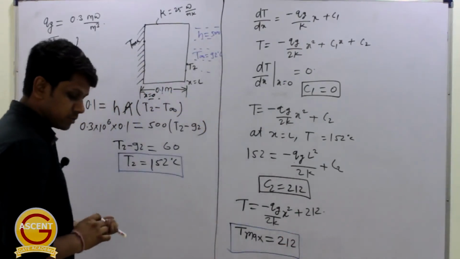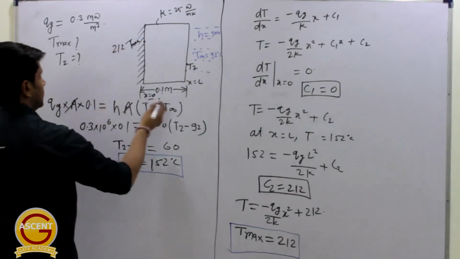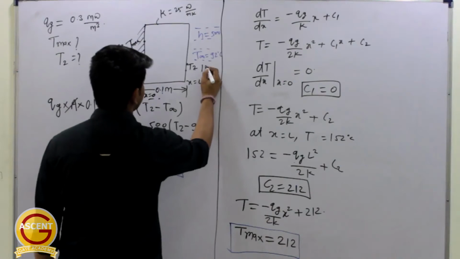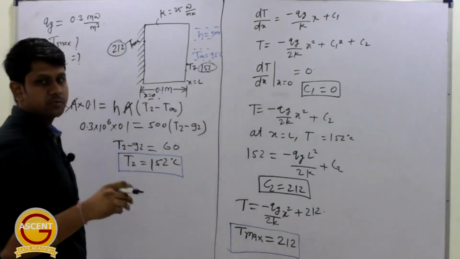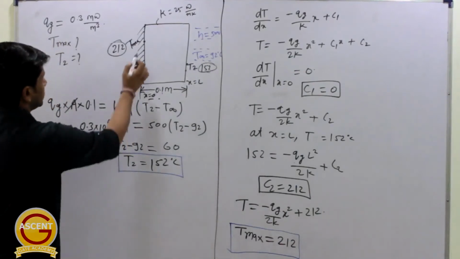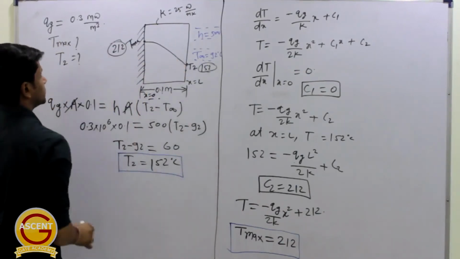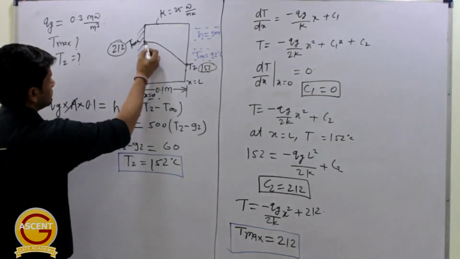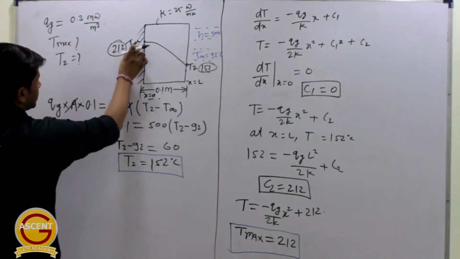So in the figure also we can write this Tmax value is 212 and this T2 value is how much? 152. Now he is asking us to draw the temperature profile, so it is easy, it is a parabolic profile. So you can draw this like this. But here be careful, the temperature at any location should not be higher than this Tmax, right.